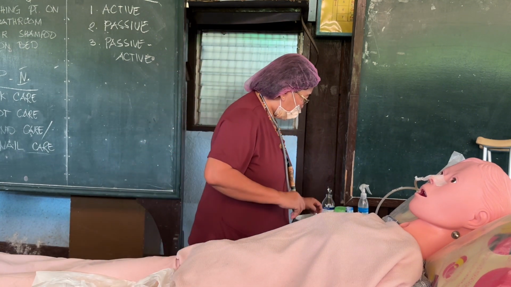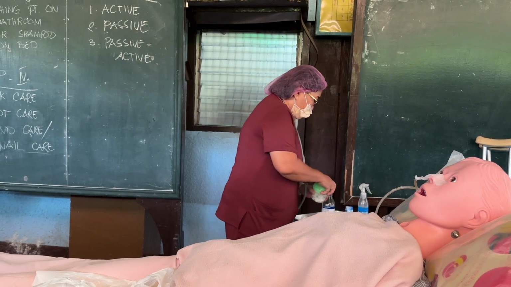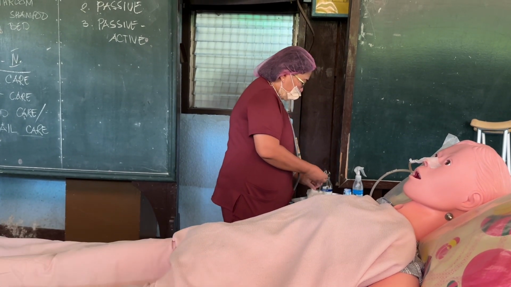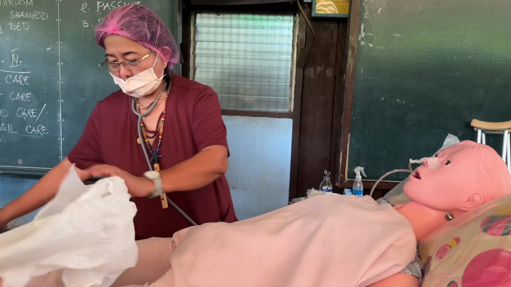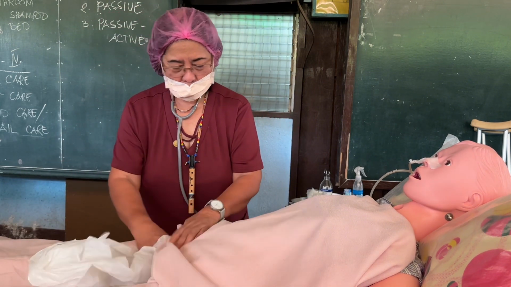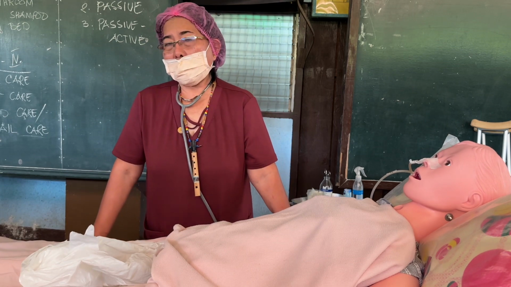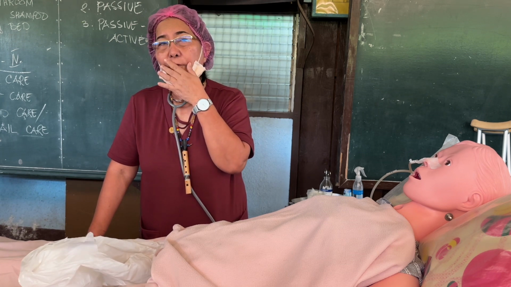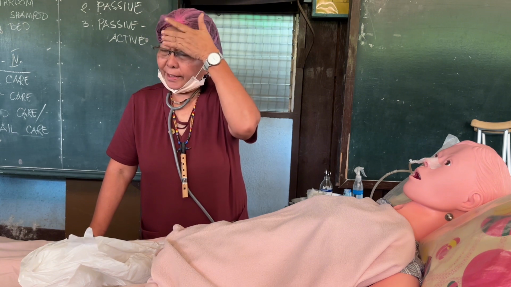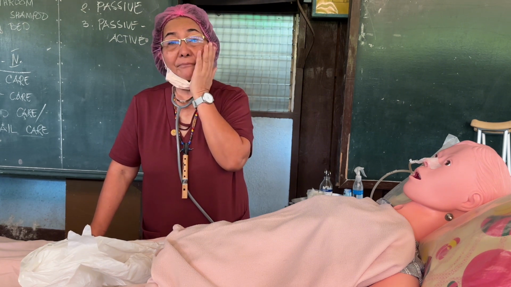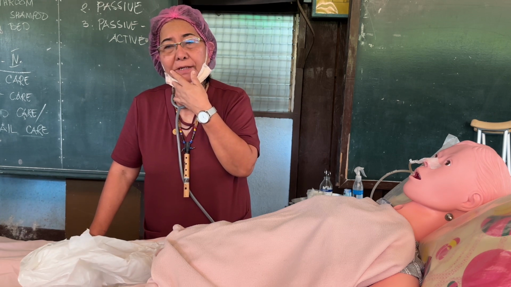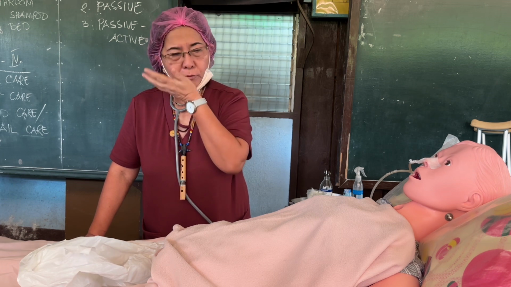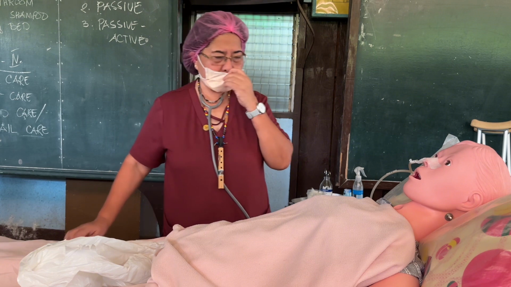Loosen the plaster using cotton balls with a small amount of water. By the way, class, right after insertion you should moisten the lips with cotton balls with water, then pat with a moist towel. After every feeding, wipe the patient's mouth so the patient is freshened up.